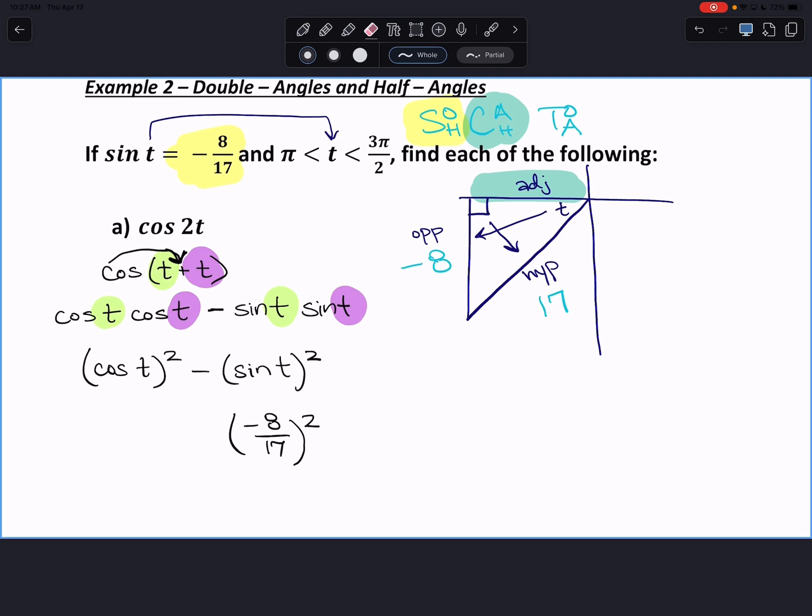So to find adjacent, we're going to have a squared plus b squared equals c squared. Really important that you put the hypotenuse as c, okay? Really important. So we're going to have 17 squared right here. Okay? And then, does it matter where you put the negative 8? No. Thank you for the head shake. I'm just going to put it as a.